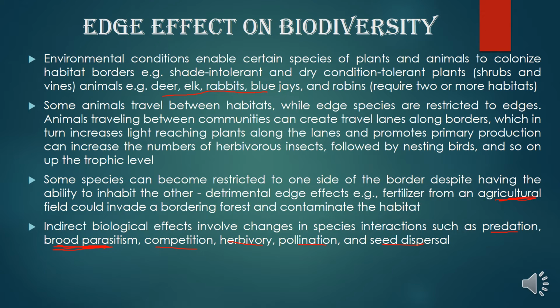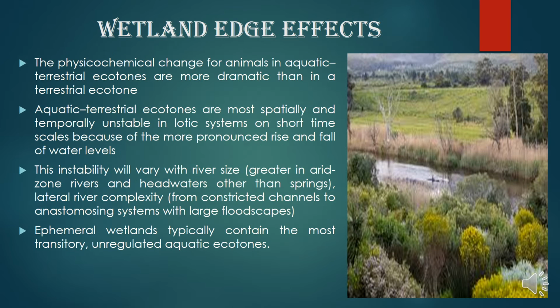Especially the cuckoo, it brood parasitizes many other songbirds. So this ecotonal species is not found in the deep forest, but in the open forest, as well as very near to human habitation. So this is the edge effect.